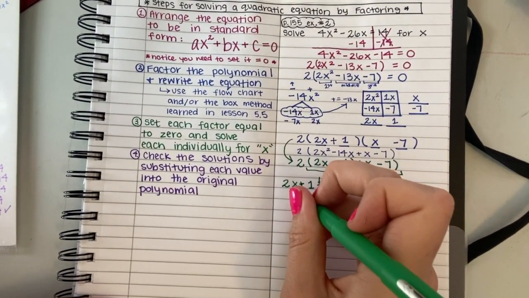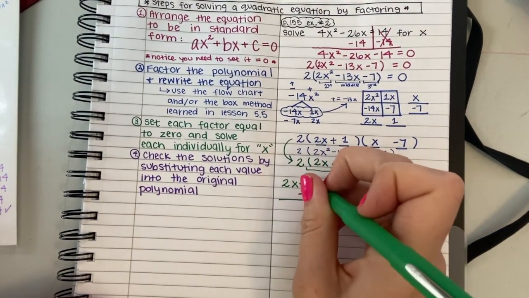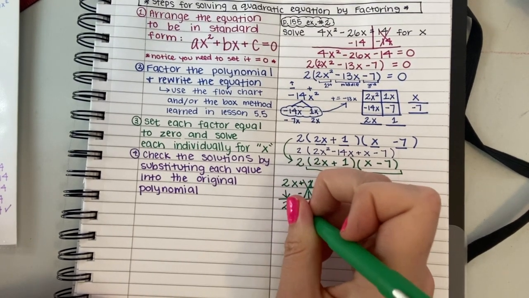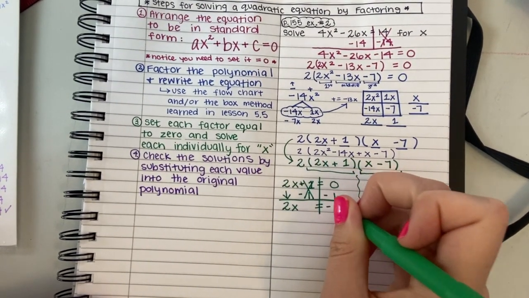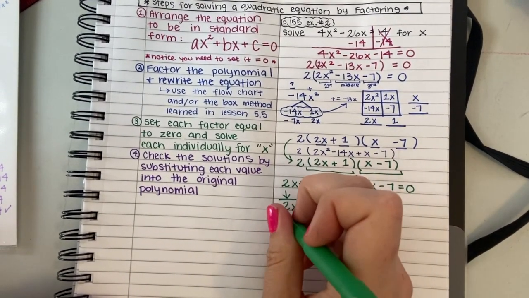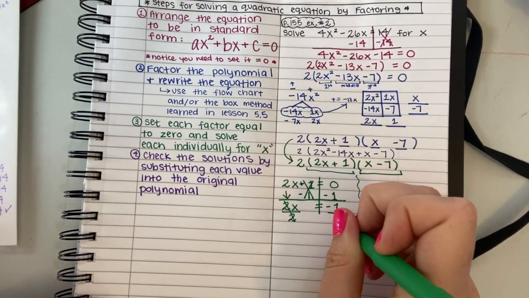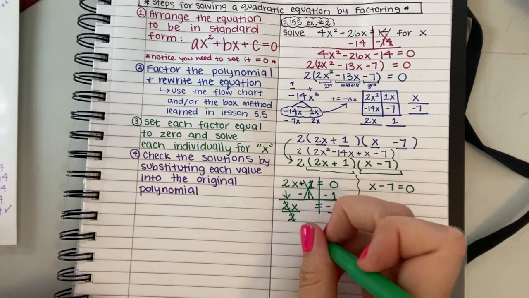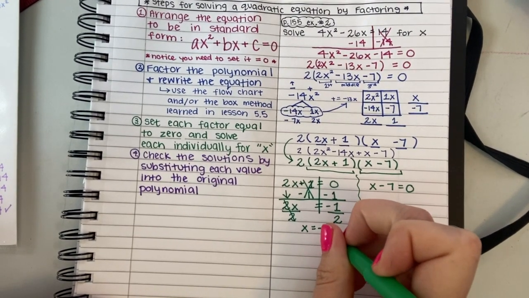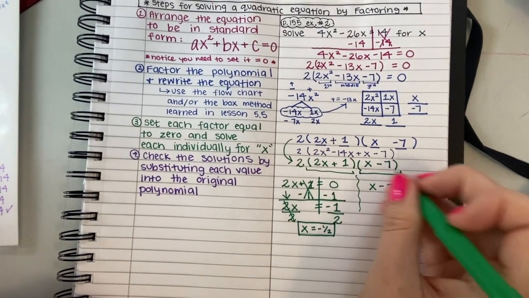And I'm just going to solve for x like I normally do. Draw my line down the middle, subtract the constant from both sides. These cancel out. I'm going to bring down my 2x equals negative 1. Divide by 2. And I get x equals negative 1/2. Then I'm also going to do that to the other side.